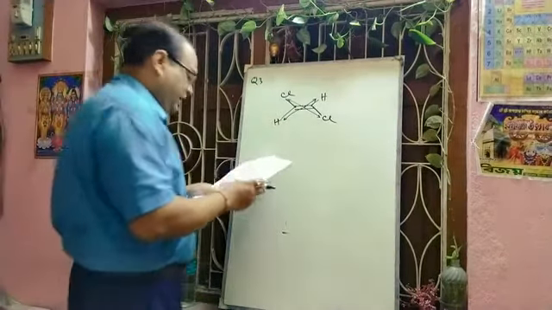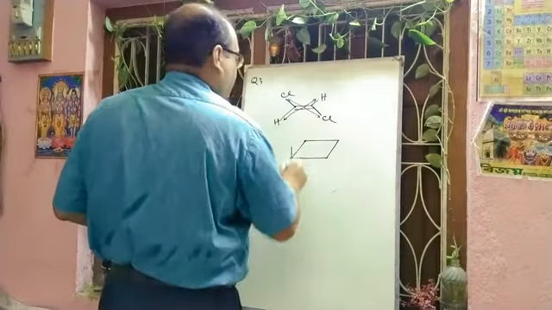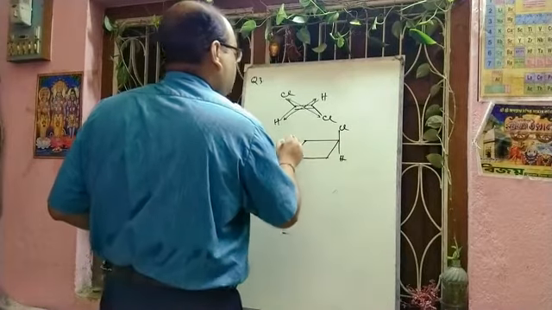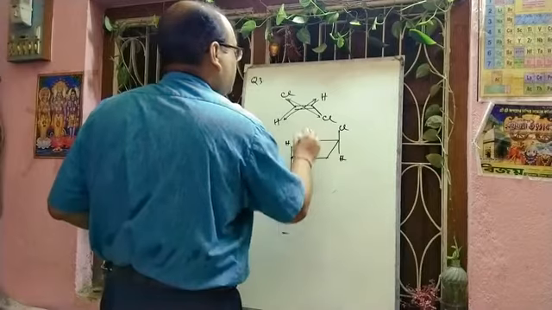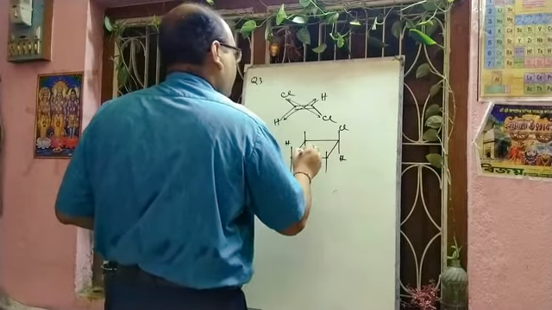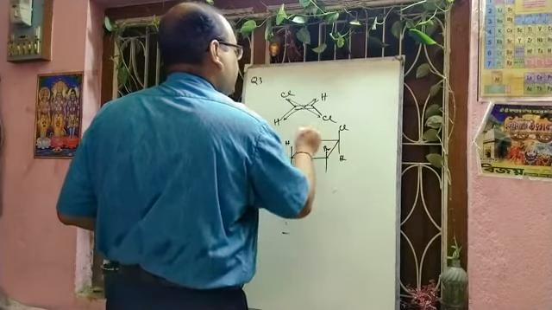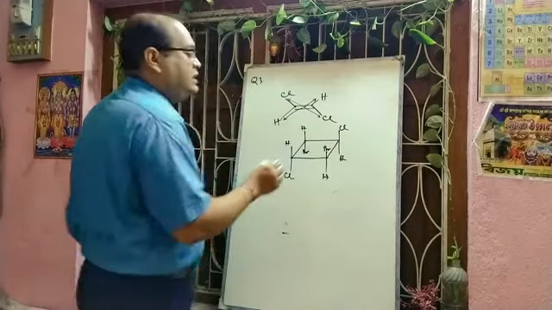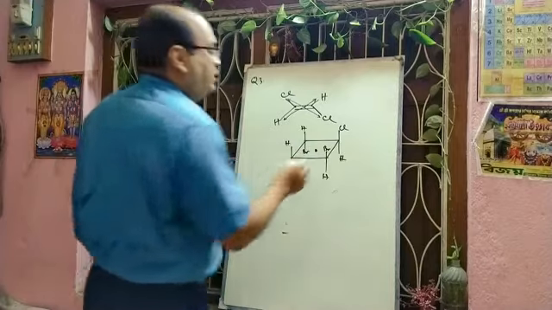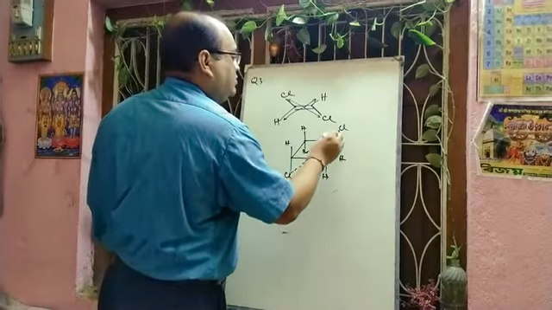And we can draw another type of compound. Here Cl, hydrogen, and C, and here Br, Br, H and H. Inside the molecule, if you consider a point like this as the center of symmetry, and draw a line in the opposite direction, then at equal distance we get the same chlorine atom.